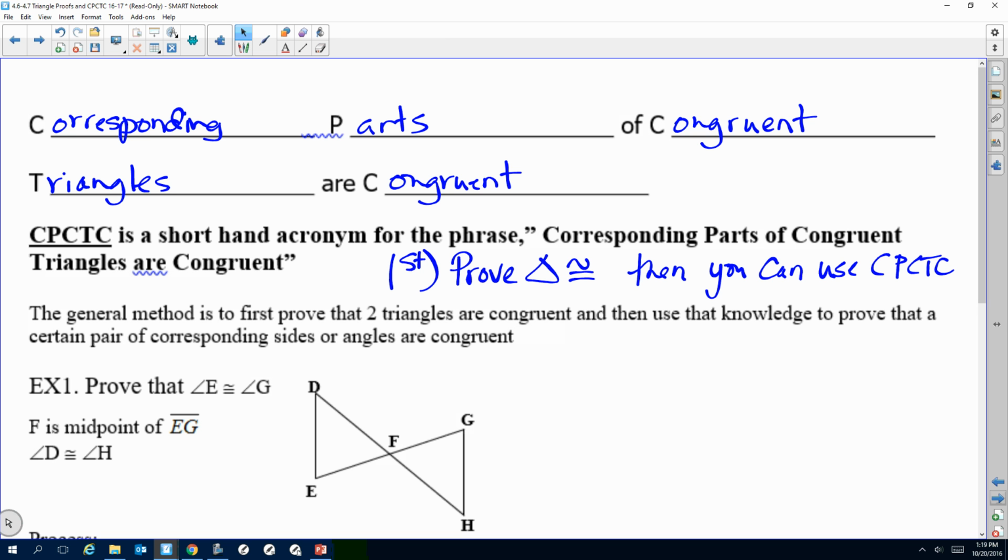What is the CPCTC in reference to? So, let's say I have a triangle ABC, and I have a triangle XYZ.